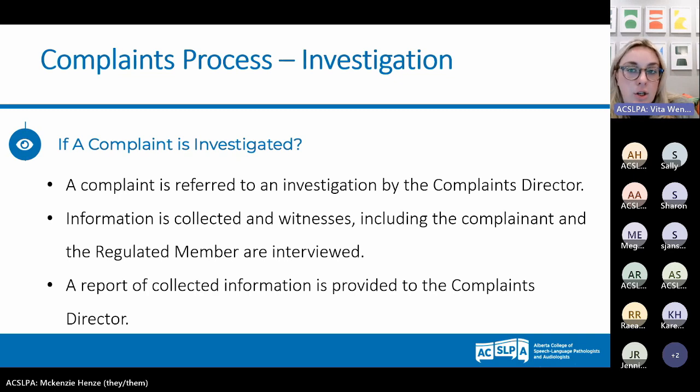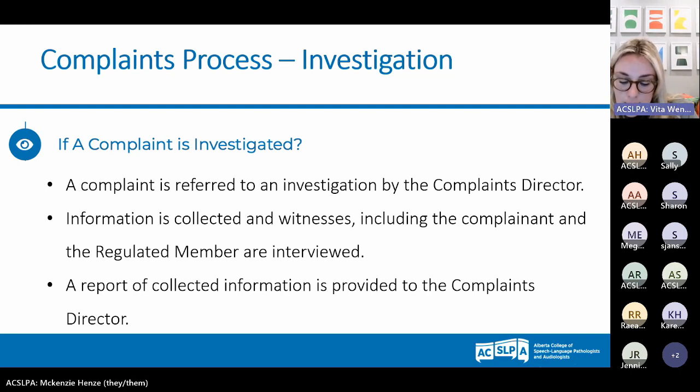Importantly, an investigation is not an assumption of unprofessional conduct, but the purpose is to gather and collect information and allow the regulated member an opportunity to respond to that information in the manner that's appropriate. So such as having their own interview and being able to look at the documents, etc. And then finally, a report is prepared.